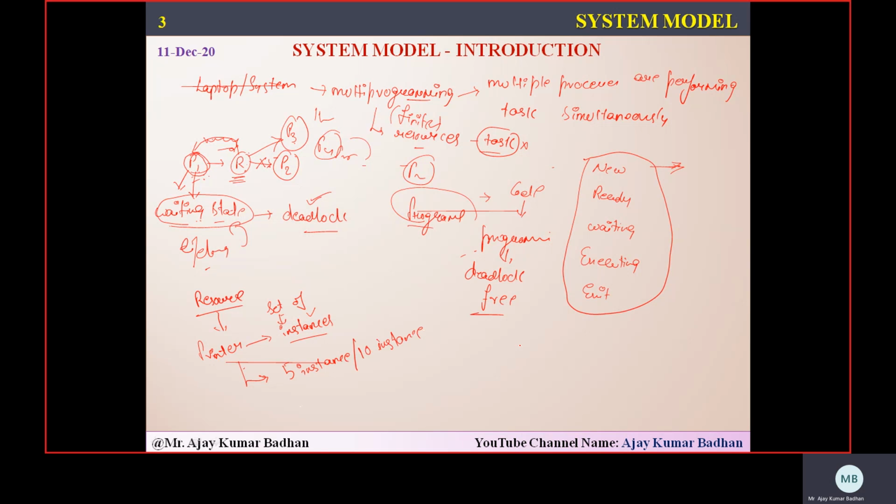What does that mean is, it will have a queue: 1, 2, 3, 4, 5. Each block you're seeing here is what I'm calling an instance. Every printer or every resource will have some set of instances. That means at a time, 5 people can give an order for printing.